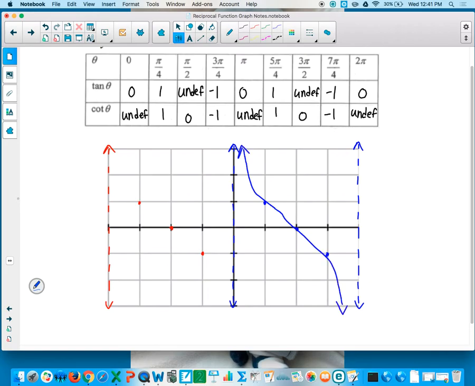Looks like a negative tangent graph. I have an extra little curve in there that probably shouldn't be there because the smartboard's acting up a little bit.